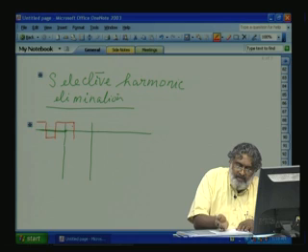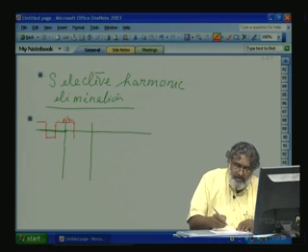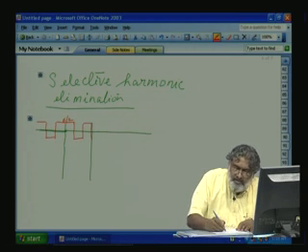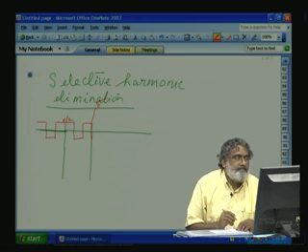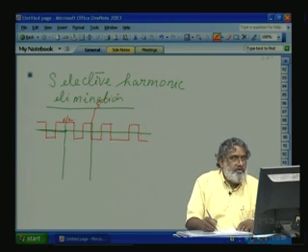If you fold it, this part exactly comes on the other side, and it goes up to pi. So, we introduce notches like this.